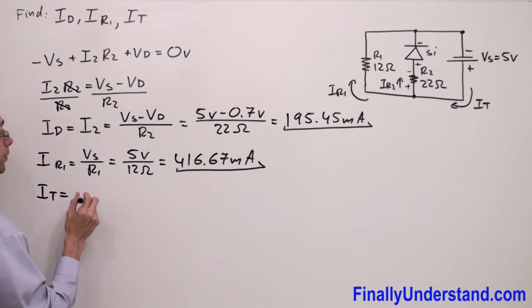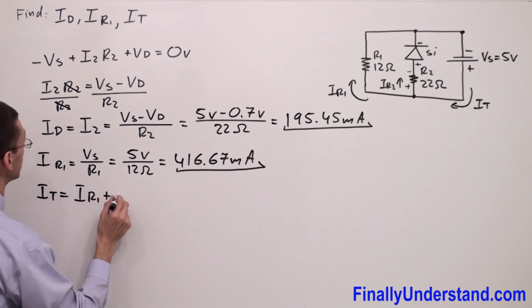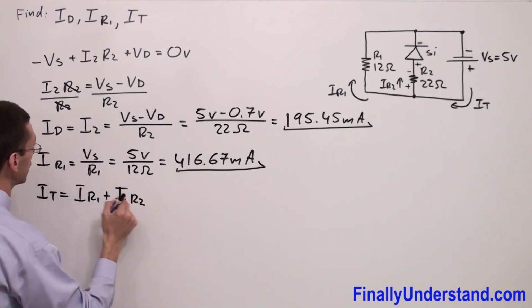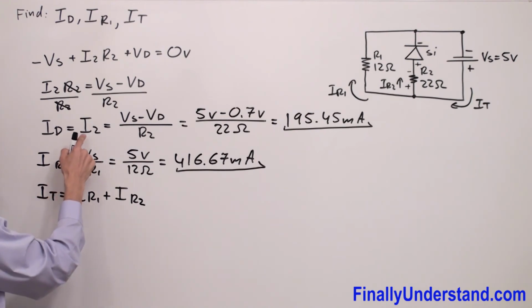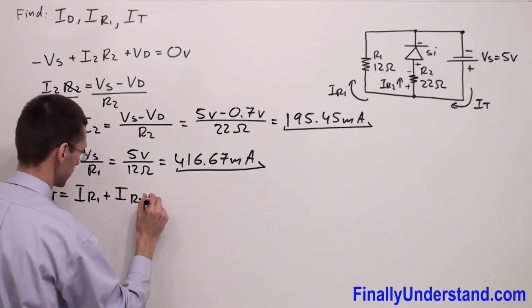So I have I total is equal to I R1 plus I R2, or we can say I2. Anytime I write I2 or I R2 in this case, it means exactly the same thing.